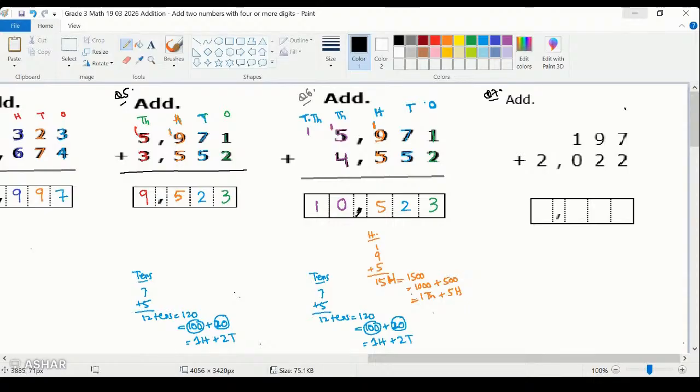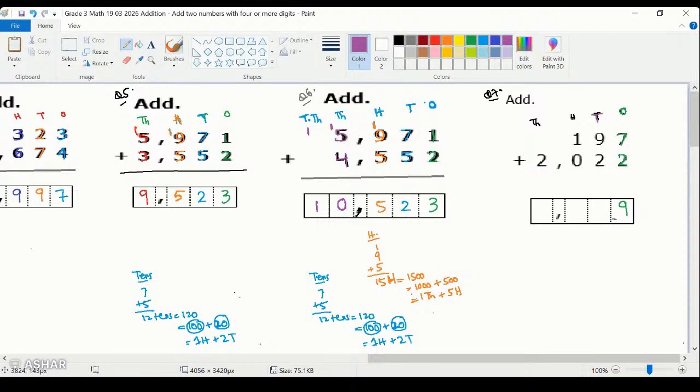We have the ones, the tens, the hundreds, and the thousands. We have a 4-digit number that goes to 1,000. 7 plus 2 means 9 ones.